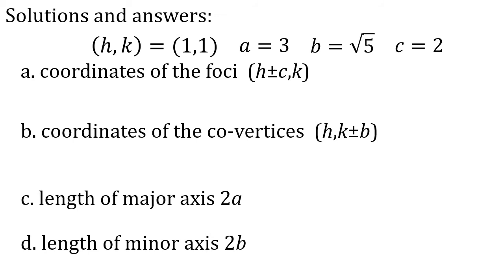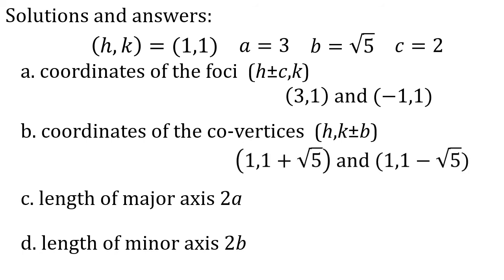By using the following, we can get the coordinates of the foci and the co-vertices. The coordinates of the foci will be (3, 1) and (-1, 1). So just perform the necessary arithmetic: h plus c, 1 plus 2 is 3, and h minus c, 1 minus 2 is negative 1. Then the coordinates of the co-vertices, we have (1, 1 + √5) and (1, 1 - √5).